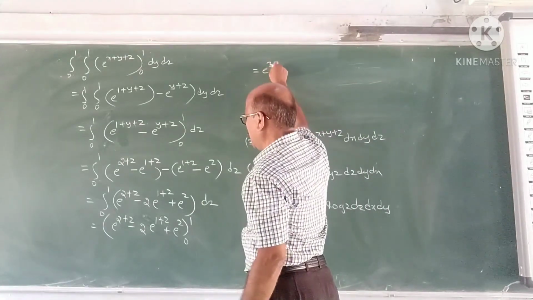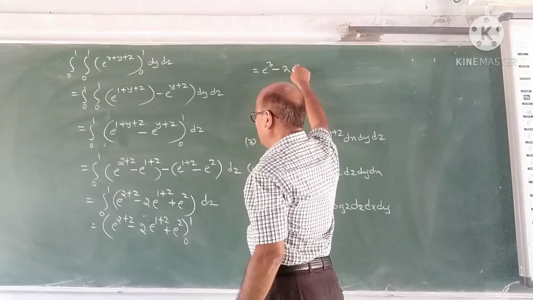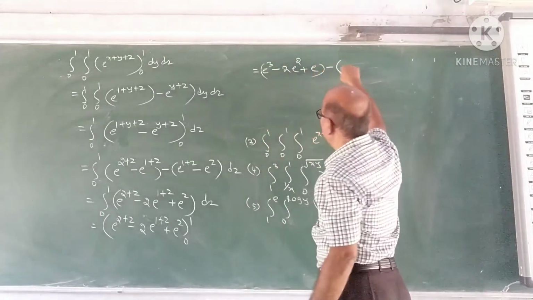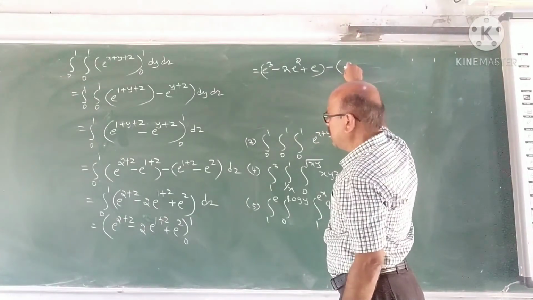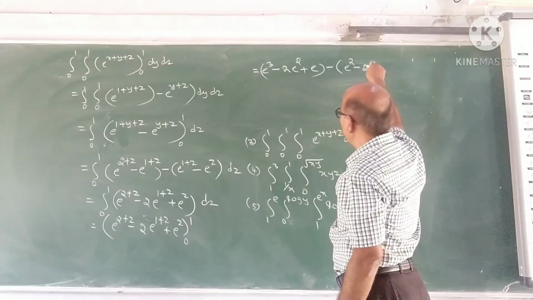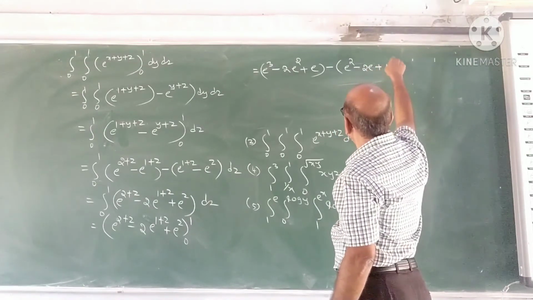So e raised to 3 minus 2e square plus e, minus of e raised to 2 minus 2e plus 1.